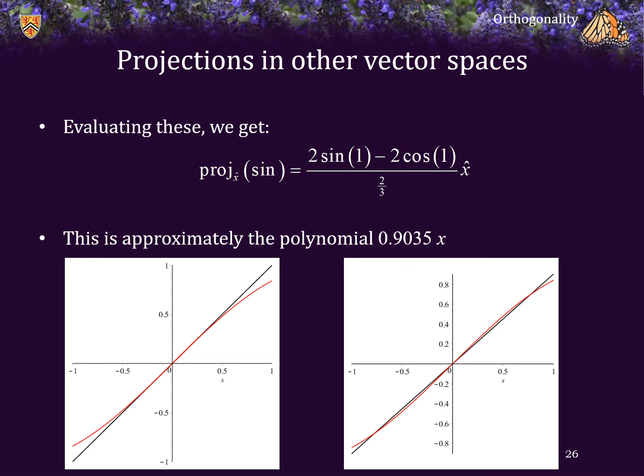Now, as you can see, it gives a worse approximation closer to 0, but not that bad, but it gives a significantly better approximation closer to x equals 1 and x equals -1. So this is in fact the best approximation of the sine function by a scalar multiple of y equals x on the interval from -1 to 1.